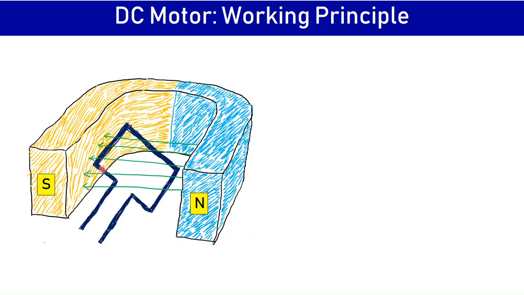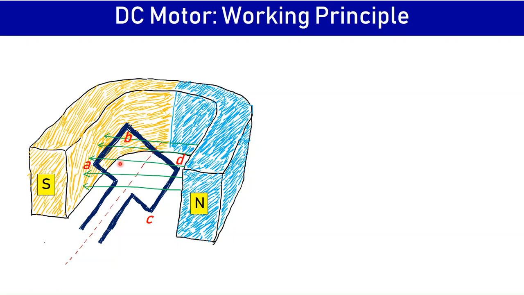Now, inside this field, I have placed a coil which is free to rotate about this axis. I have also marked the end points of the coils so as to identify the conductors. So we see that we have two conductors here, AB and CD.